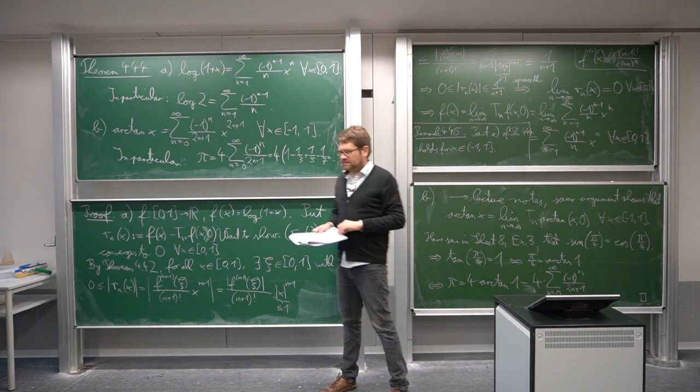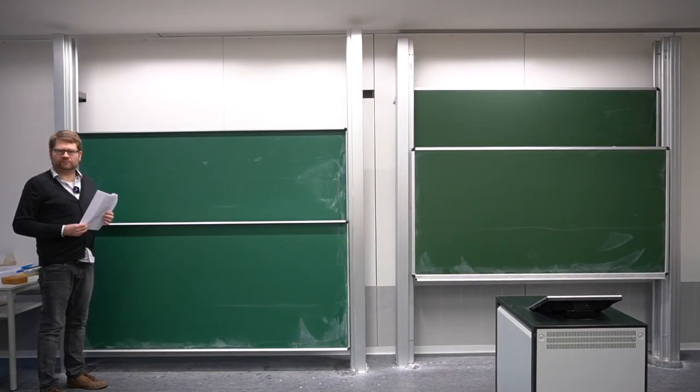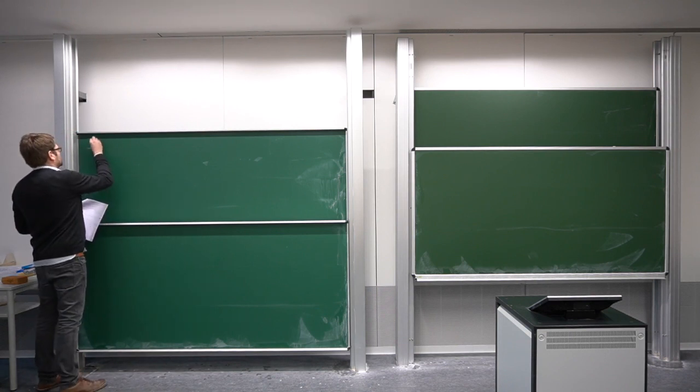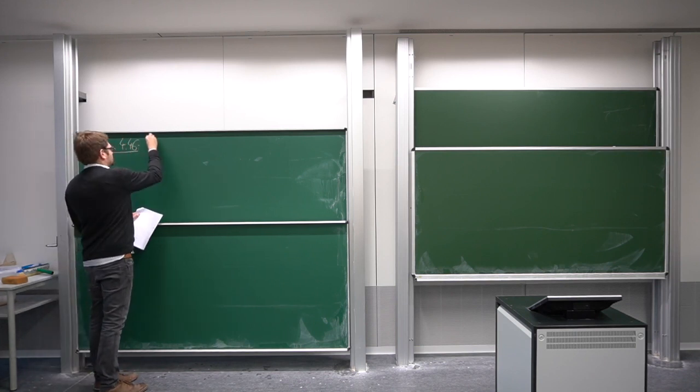Okay, let me now erase, and then we go back to local extrema. We now return to local extrema of differentiable functions, and it turns out that with higher derivatives, we can say a lot more than before. Theorem 446. This contains sufficient criteria for local extrema.